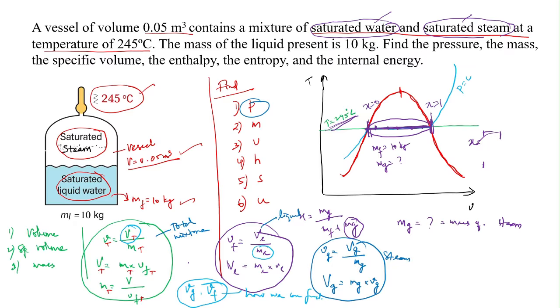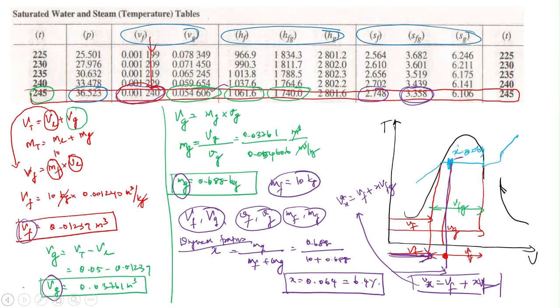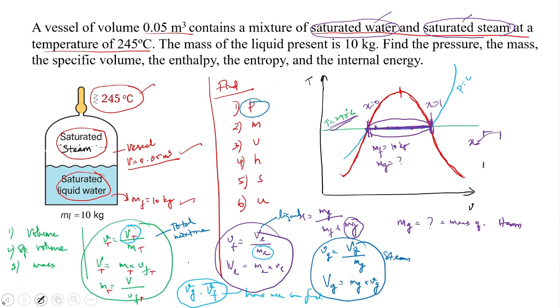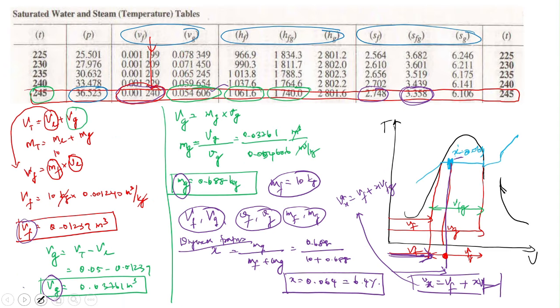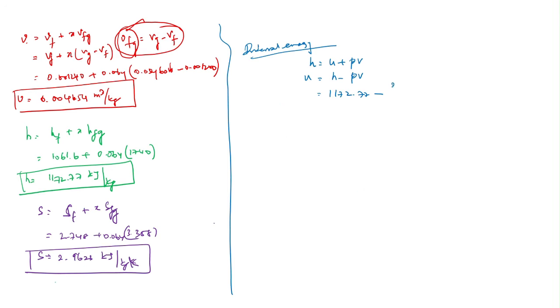So at this condition the pressure is 36.523 bar times the specific volume, 0.004654 meter cube per kilogram.